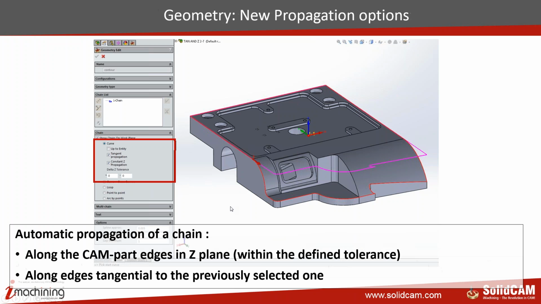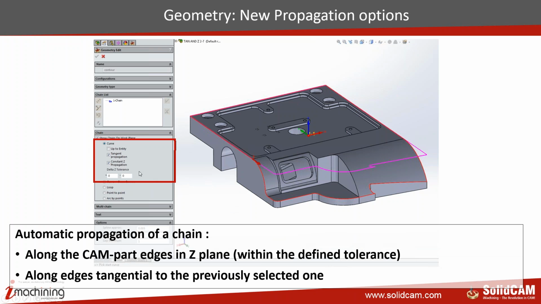Now, in addition, as I mentioned before, we have a lot less clutter as far as how to choose our geometry. As far as the automatic general and automatic constant Z, we've got rid of that.